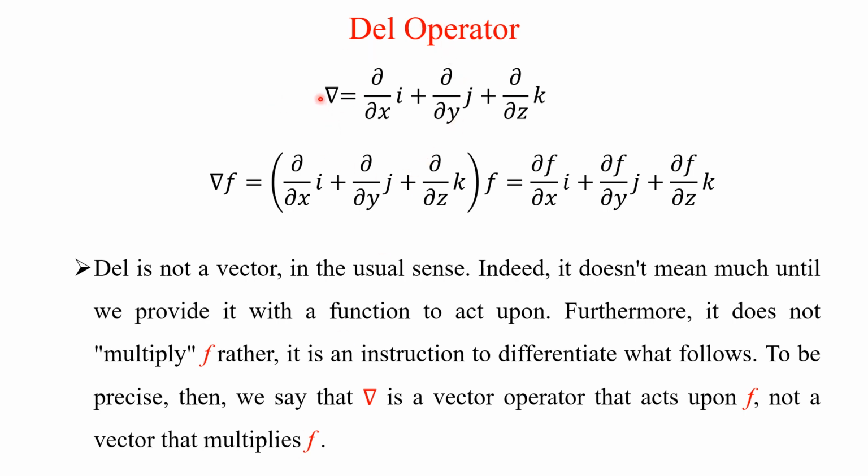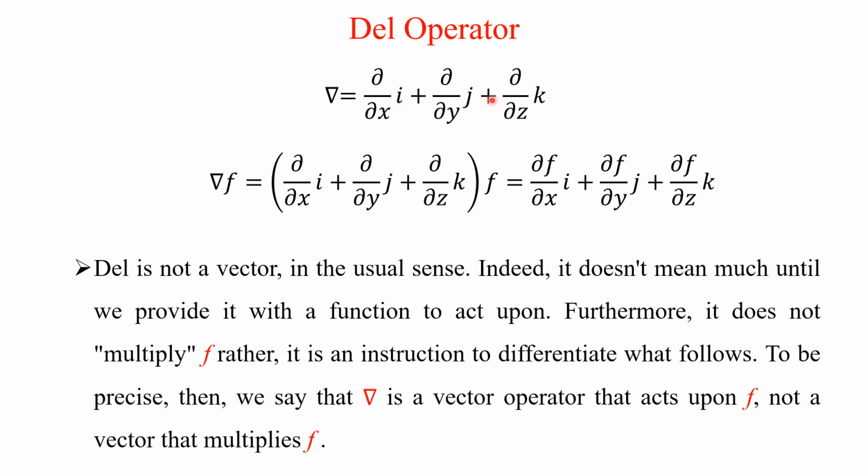The del operator is represented by this symbol, nabla, which is equal to the partial derivative with respect to x multiplied by i, plus the partial derivative with respect to y multiplied by j, plus the partial derivative with respect to z multiplied by k.